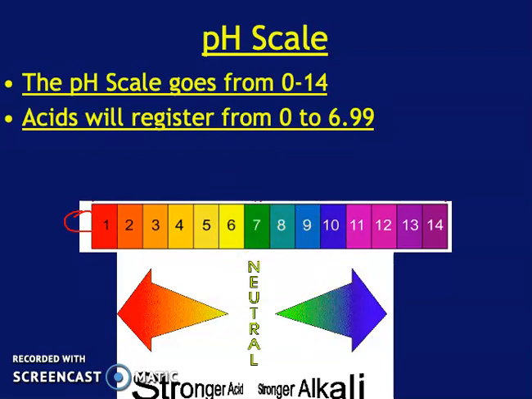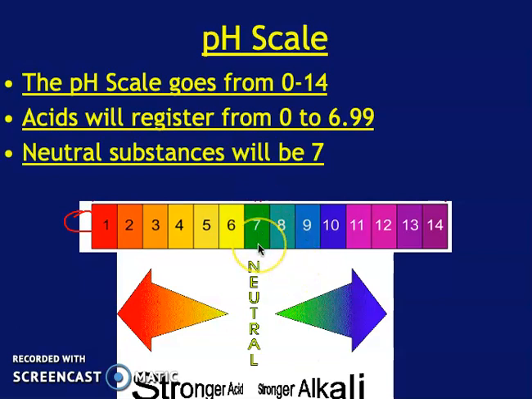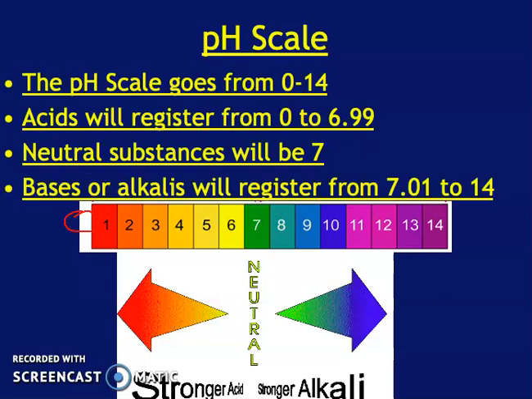If you are neutral, you will be 7 on the button, not less than 7 or greater than 7. And if you're a base or an alkali, you will register from 7.00000001 to 14. Okay, so pause now if you need to and write those notes into your good copy.